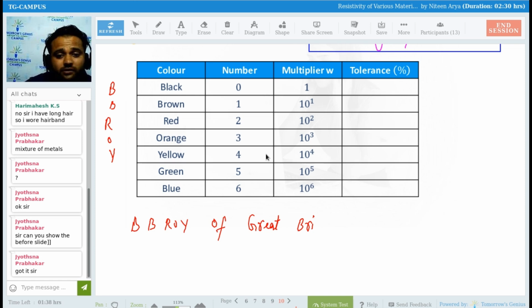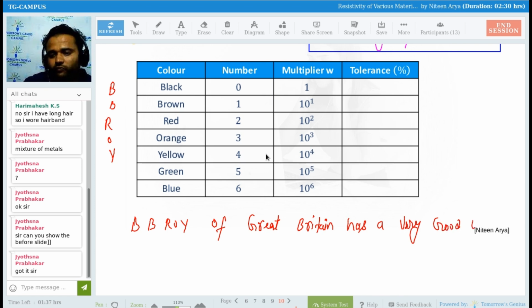What is the spelling of Britain? B-R-I-T-A-I-N. Britain has a very good wife wearing gold, silver necklace. Yes, that is perfect.